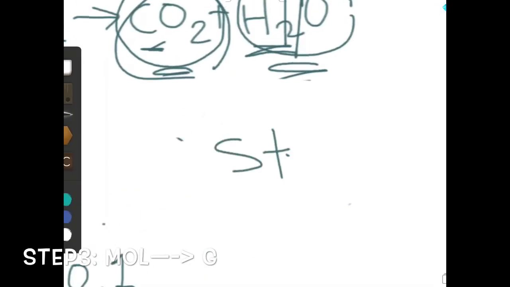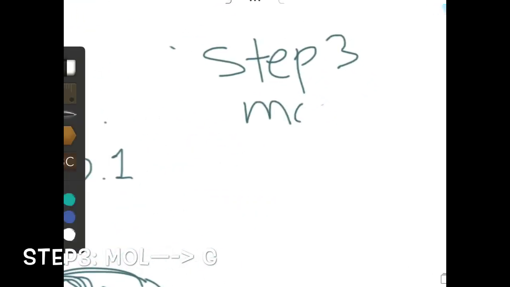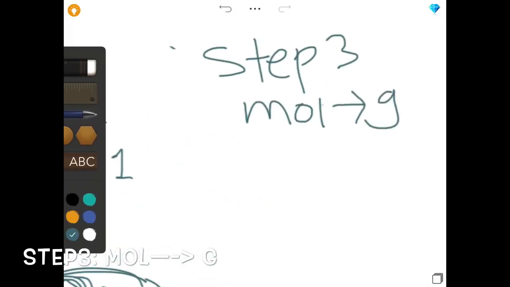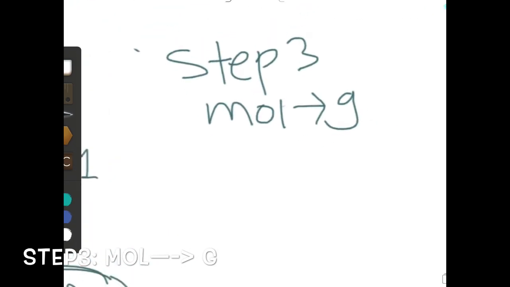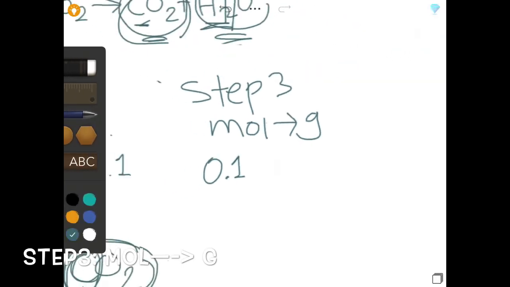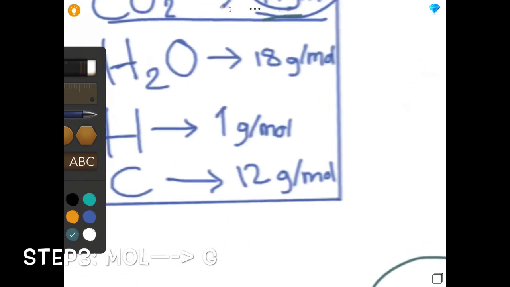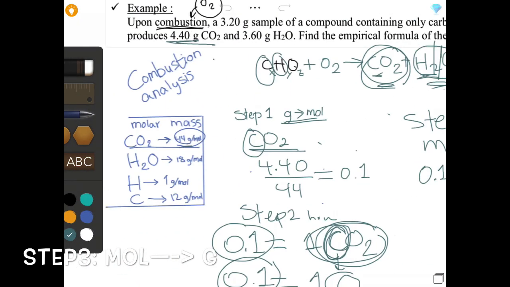Step 3, you return it from mole to gram, which means multiply by molar mass. So the mole of C now is 0.1. You multiply it by the molar mass of C, which is 12.